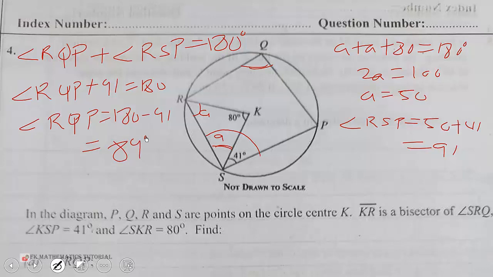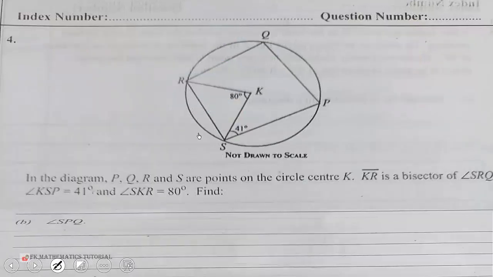We're also told that the line KR bisects this angle. So this is also 50. So 50 and 50, this whole angle here is 100. So if this angle is 100, this angle here is 100.